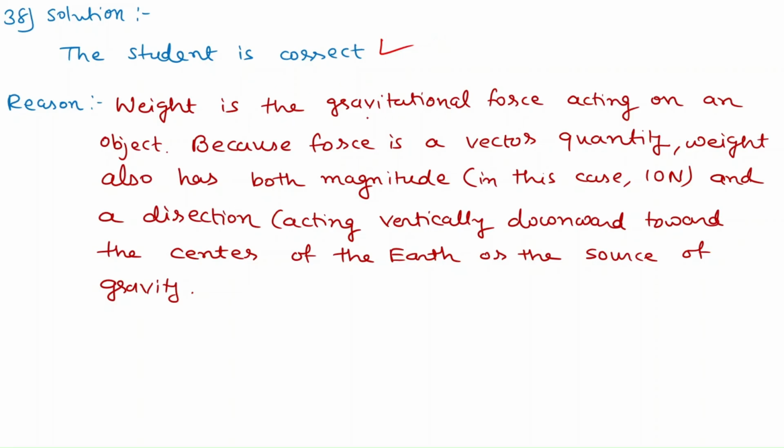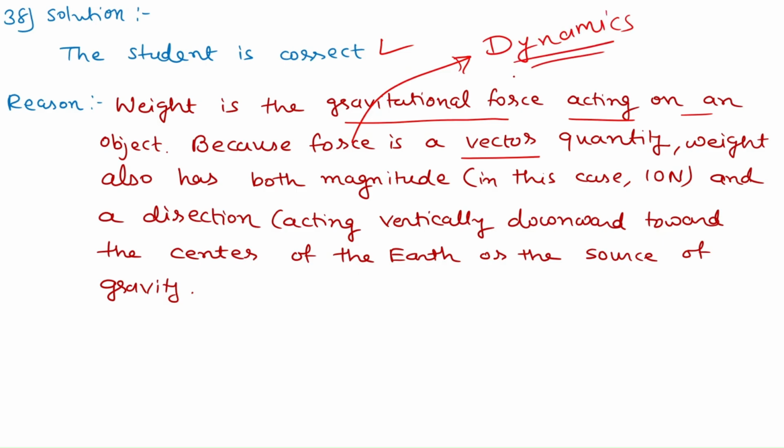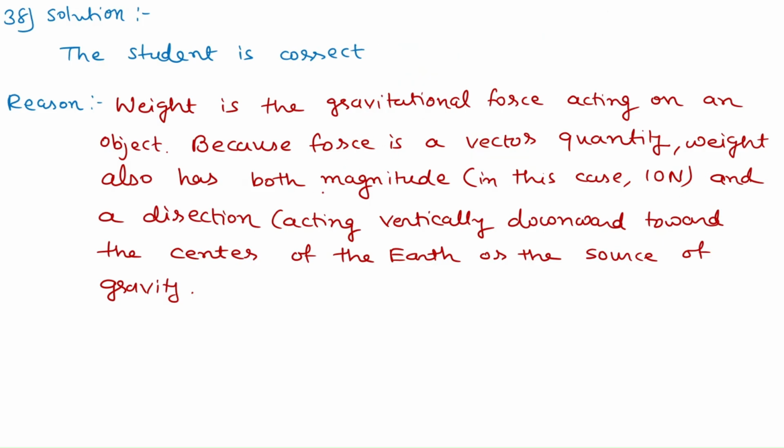So weight is a gravitational force acting on the object. Because force is a vector quantity, we talk about force in the dynamics part. At that time, we will discuss that force is a vector quantity. The weight also has both magnitude as well as direction, acting vertically downward toward the center of the earth or the source of gravity. So there is a mass on the earth.